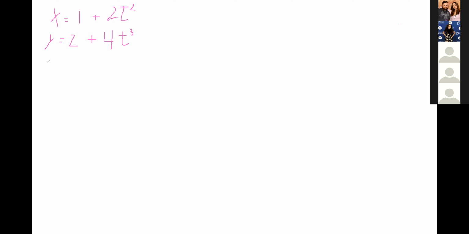All right, so x minus 1 equals 2t squared. So I could divide by 2 and then take the square root of that.